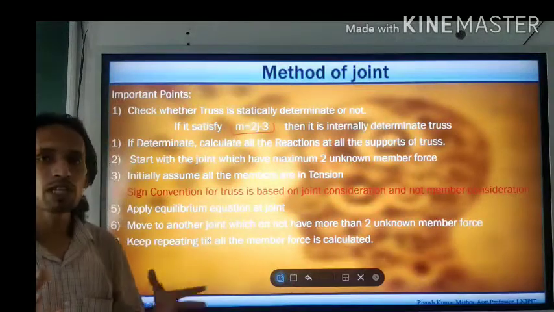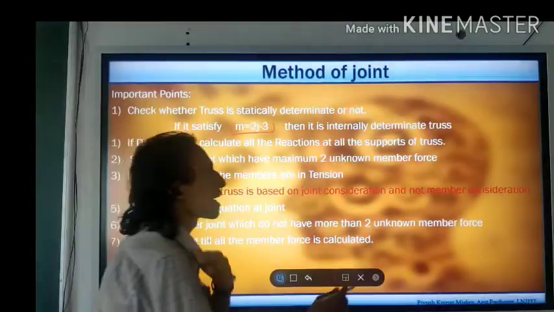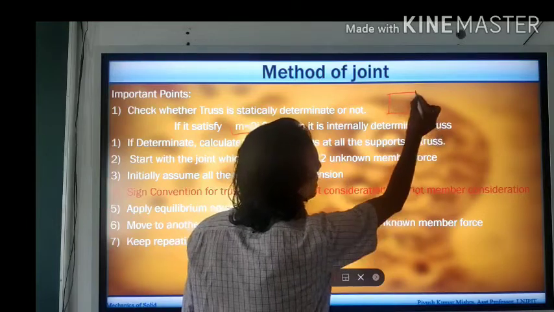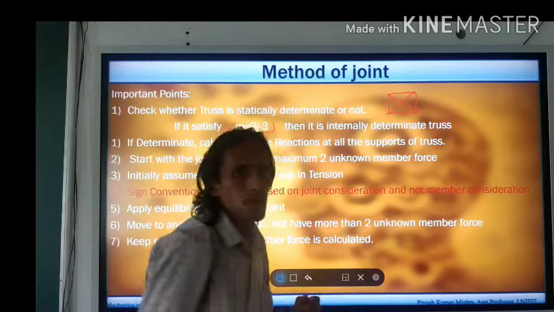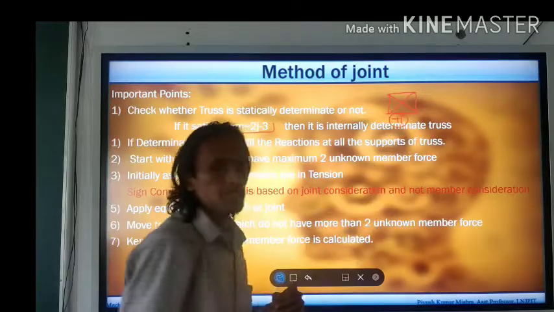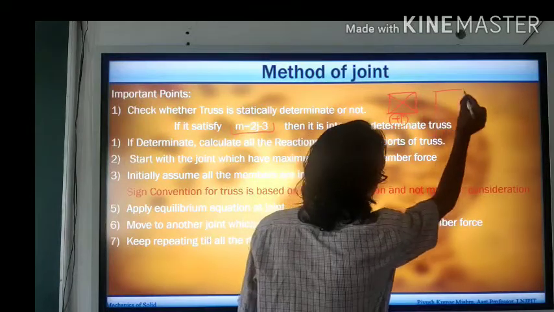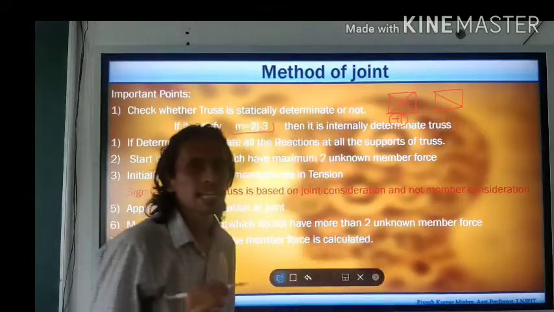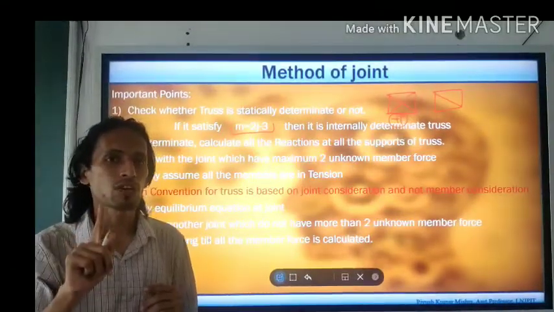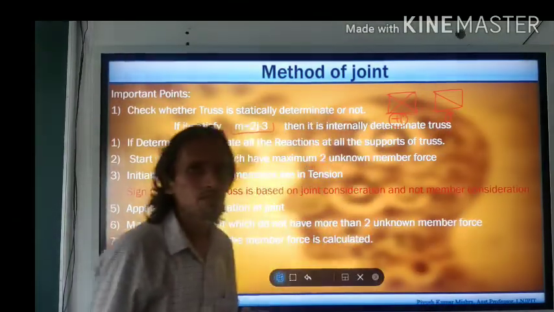Or there was one shortcut I told you in the last semester. You need to count the number of panels. If the panels have a cross, each cross adds one degree of indeterminacy. If it is not like that and there is only one diagonal in a block, then the static indeterminacy is 0.